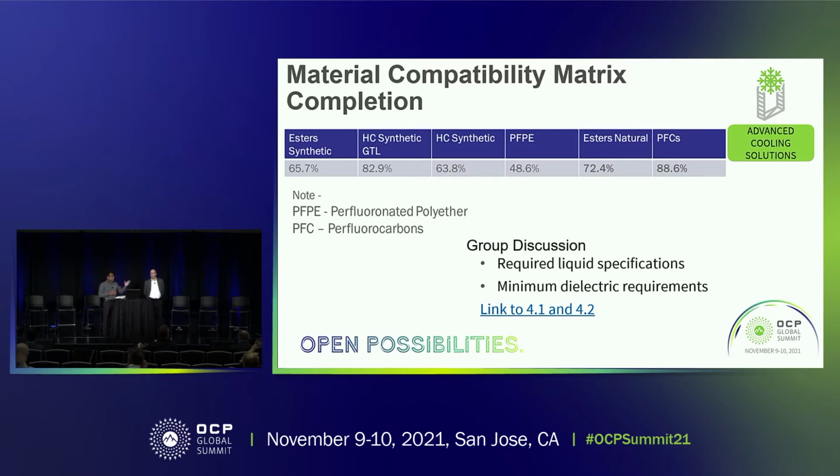So there is still more to be added. We are trying our level best, but we are also making sure that we have given enough time for these fluid manufacturers to do testing and add this information to the spreadsheet. We expect that by the end of this year we will have this robust spreadsheet completed, and we are planning to publish it online.